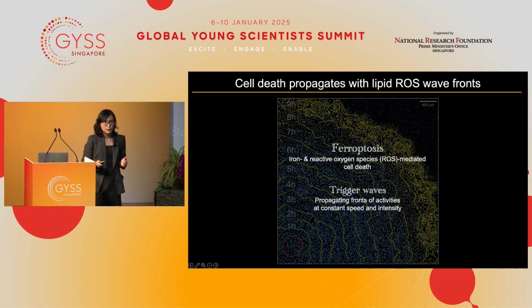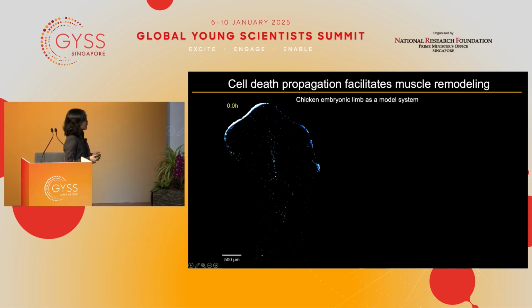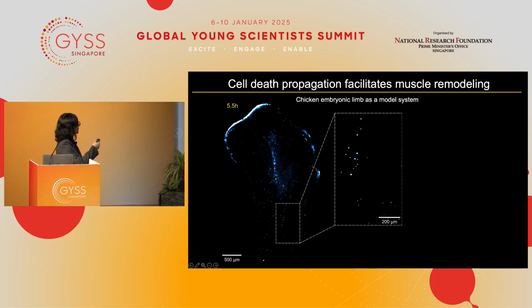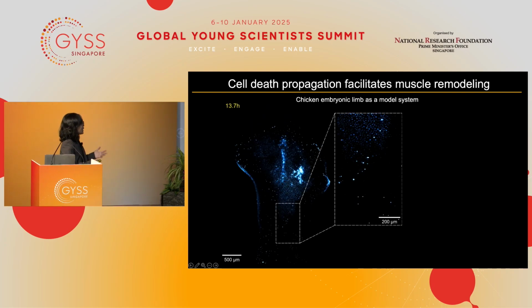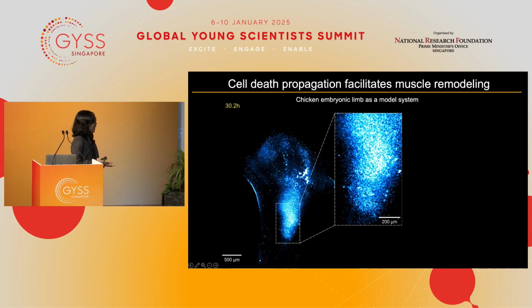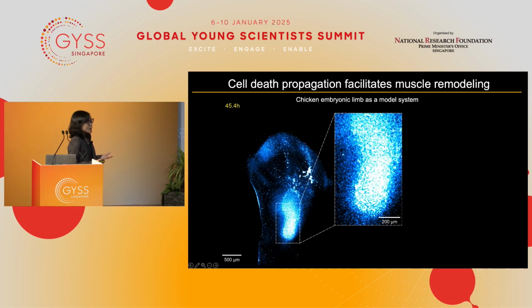We answered this question using the chicken embryonic limb as a model system. So here, as the limb develops, this is the limb. We did time-lapse imaging and indeed found that there is propagation of cell death, and it is spatially restricted to the central region only. And cells at the lateral region remain viable.